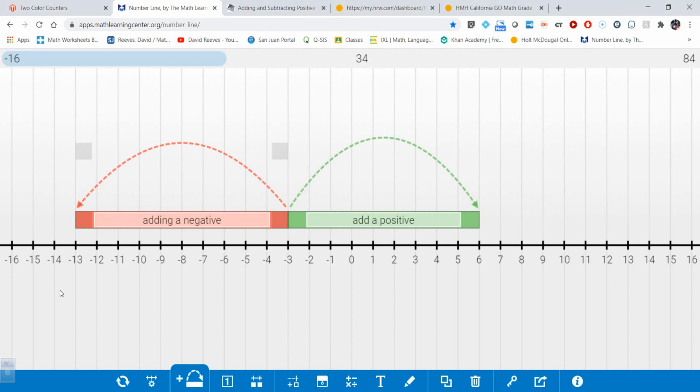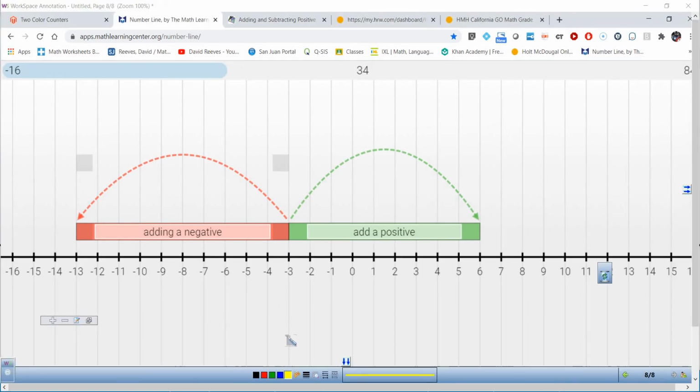Can you see it? So to make the balloon go up, in fact, I'm going to write this. I am so excited about this. I am going to write this right here. Here we go. So this one, balloon goes up when we add a positive.